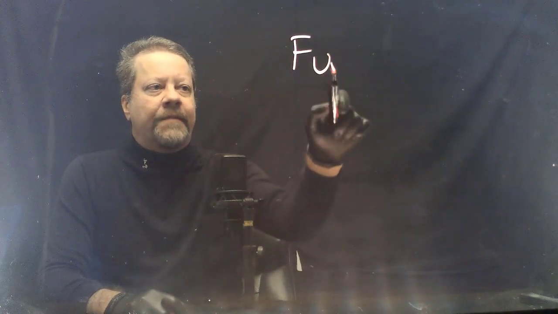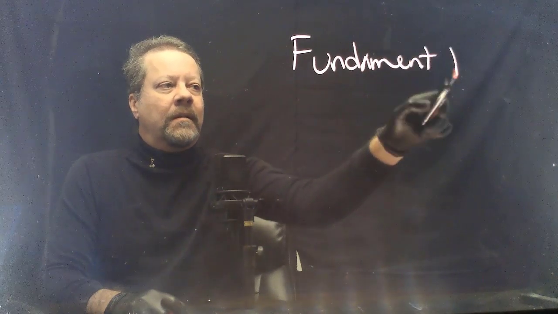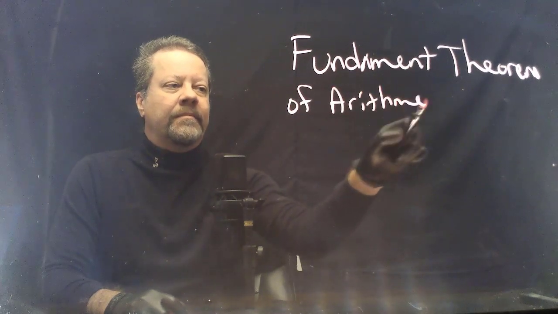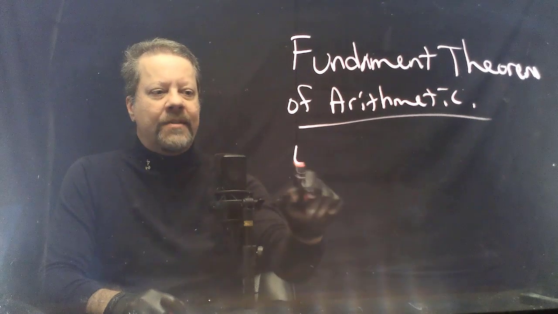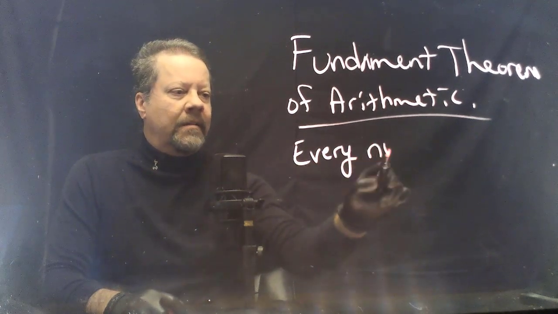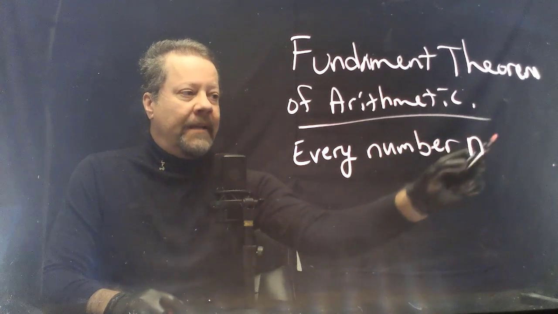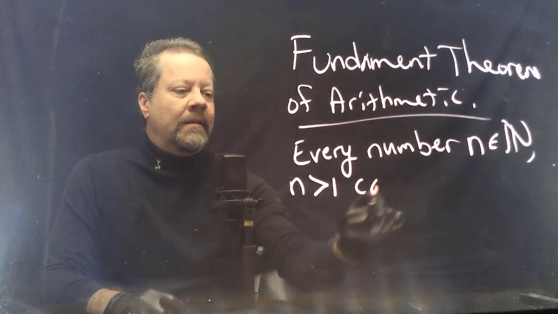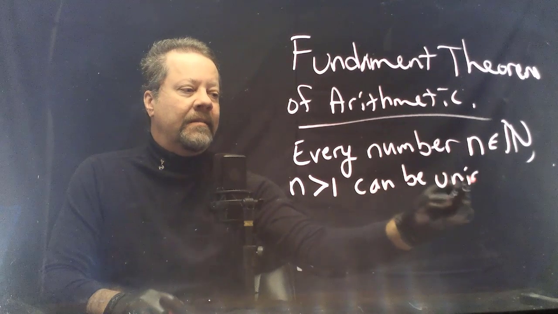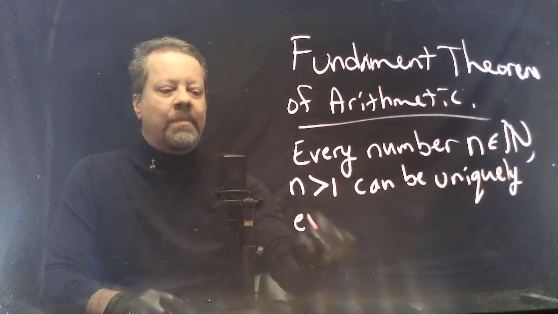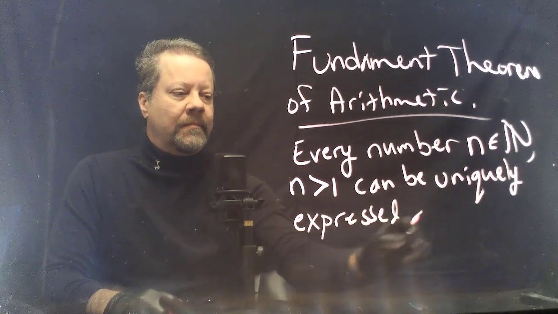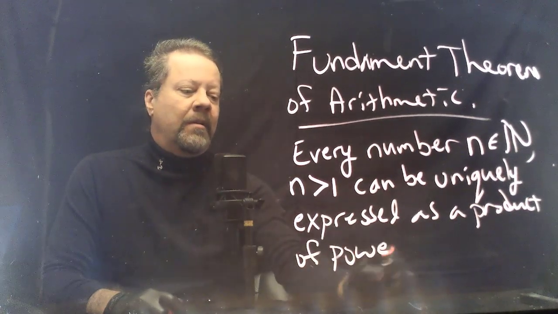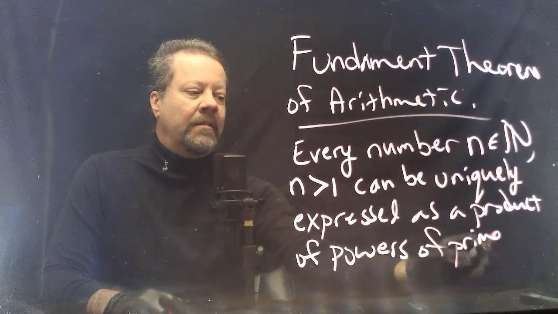We now introduce the fundamental theorem of arithmetic, which says that every number n that is an element of the set of natural numbers, n strictly greater than 1, can be uniquely expressed as a product of powers of primes.